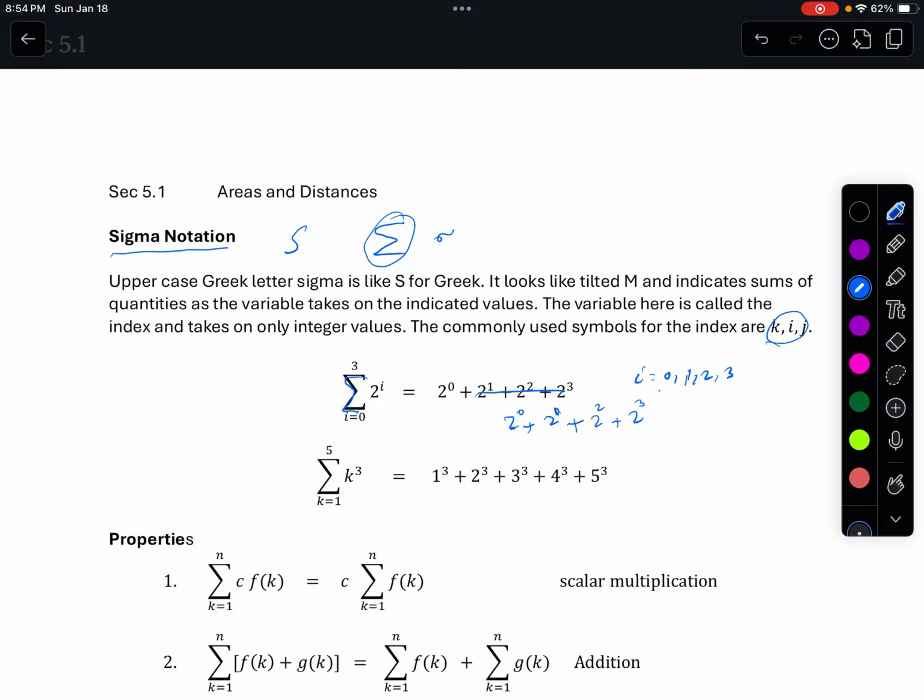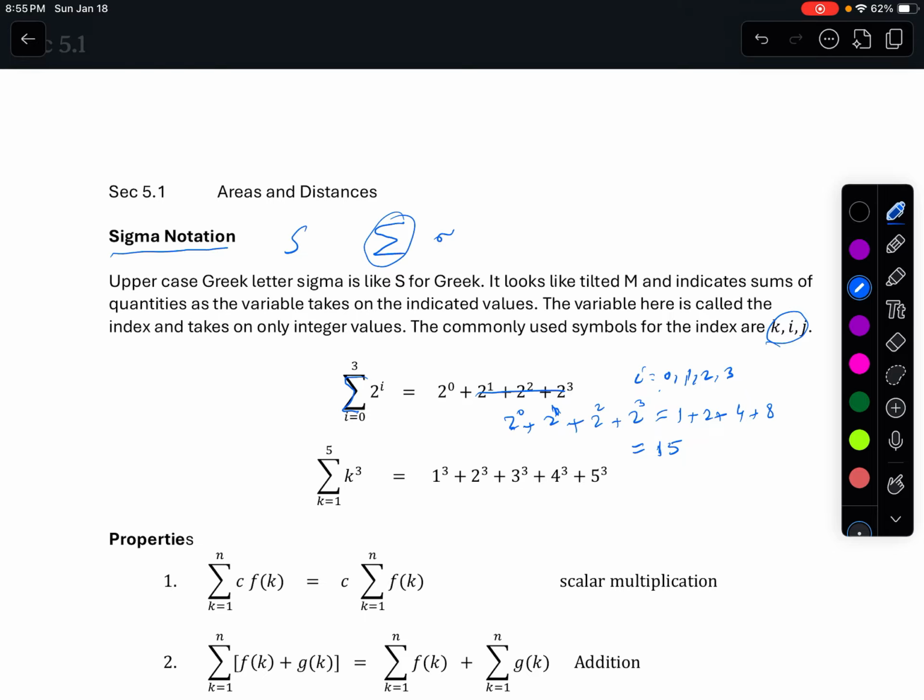Well, if you want to simplify, go ahead. We have 2 to the 0, which is 1, plus 2 to the 1, which is 2, plus 2 to the 2, which is 4, plus 2 to the 3, which is 8. So we end up getting 15 as our answer.